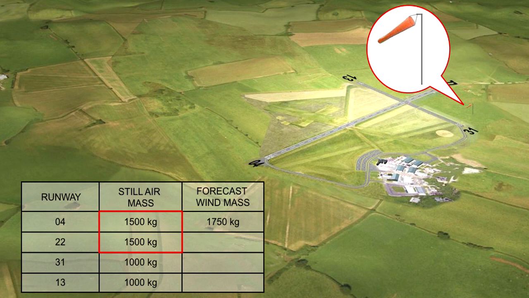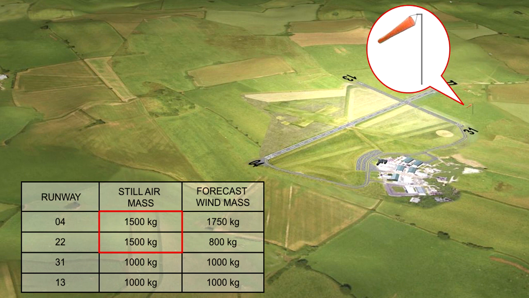In our example, the headwind has increased the maximum landing mass to 1,750 kilograms. However, runway 22 has a tailwind, which will decrease the maximum landing mass to 800 kilograms. Runway 31 and runway 13 both have a full crosswind. Therefore, the maximum landing mass for these two runways will be the same as for still air.